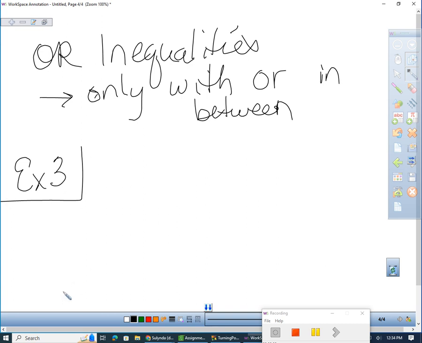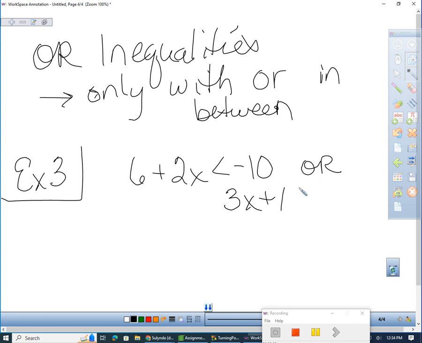Let's say I have 6 plus 2x is less than negative 10, or 3x plus 1 is greater than or equal to 22.